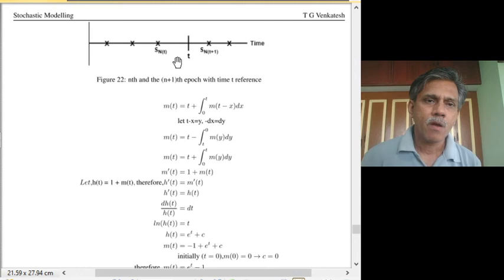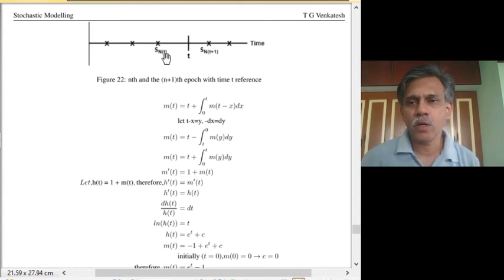See, what is N of t? The number of renewals that would take place in a time t. In this particular example, 3 renewals have taken place. So N of t will be 0 up to this point, it will be 1 at this point, 2 in this interval, and it becomes 3. It will remain 3 till this point and then jump to 4, 5 here and so on.